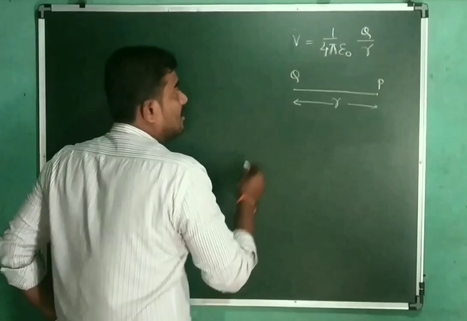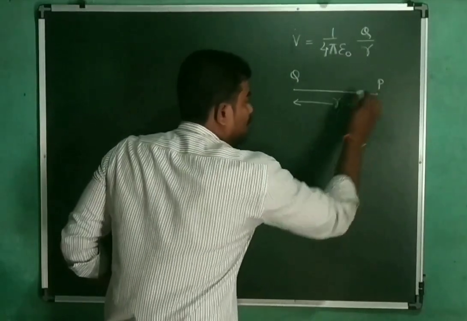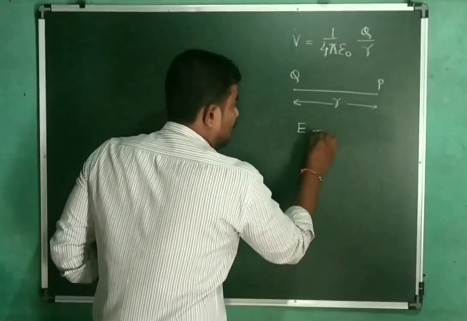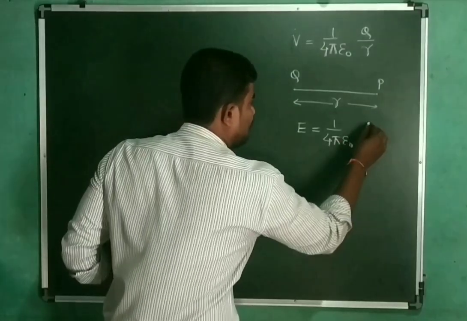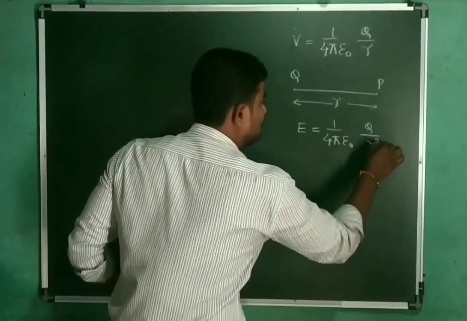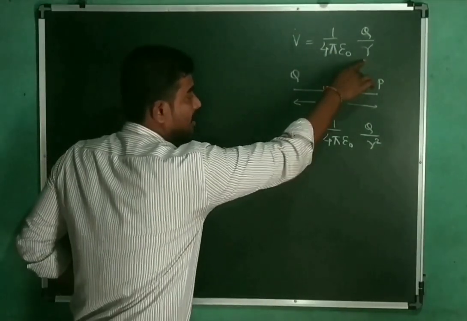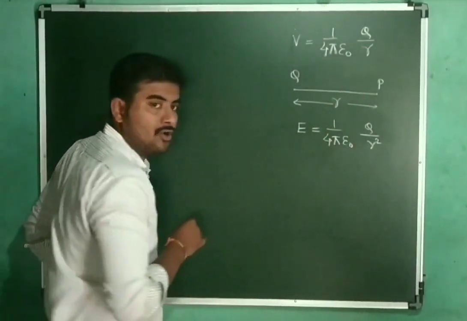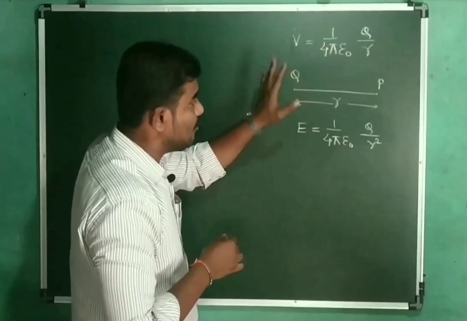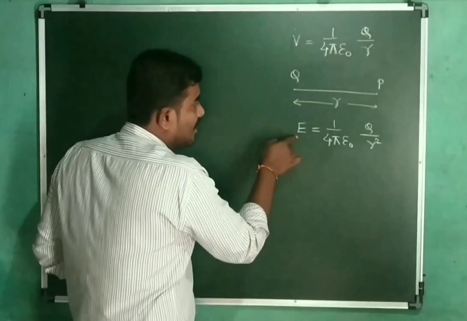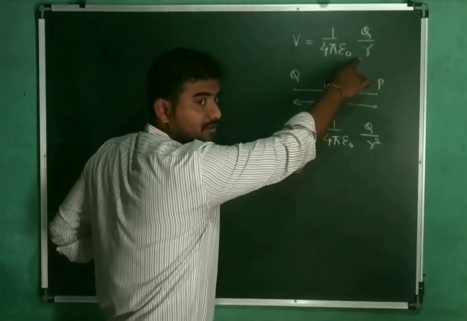As you can observe, the electric field at point P, which we have already calculated, is E is equal to 1 divided by 4 pi epsilon naught Q divided by R square. Electric potential and electric field both depend on distance R, but electric field varies as the inverse square of distance, while electric potential varies as just the inverse of distance.